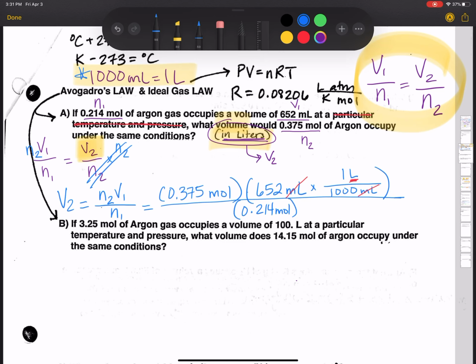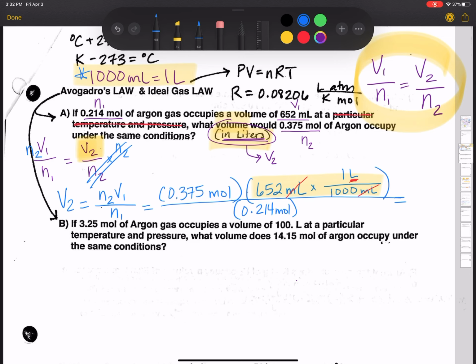Okay, let's now let the calculator do this part of the work. So remember, you want to do your conversion first. So the first thing you'd want to do to clear your volume, so to clear this information out, you would want to go ahead and go to your calculator and do 652 divided by 1,000, because remember, 1 is in the numerator, 1,000 is in the denominator. So you're just doing 652 divided by 1,000.